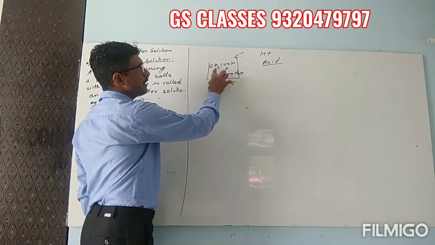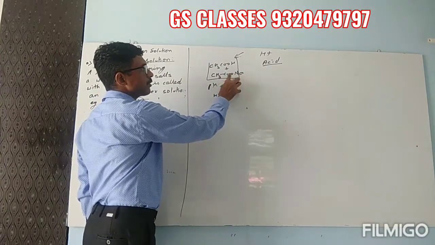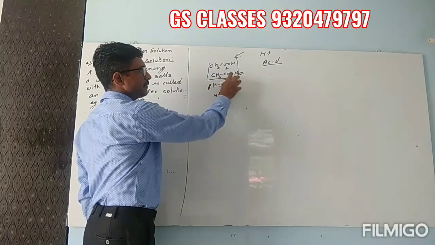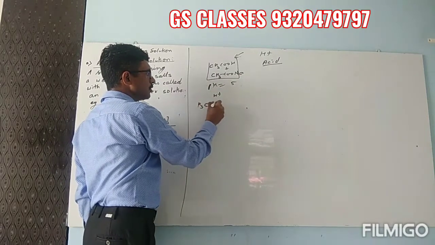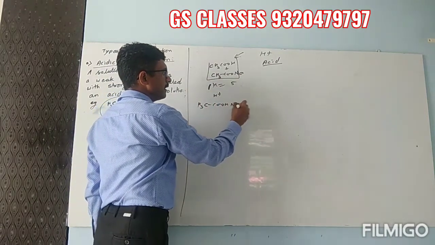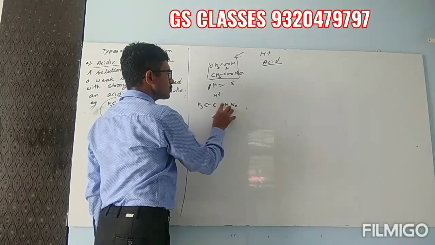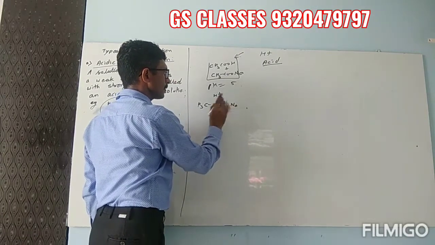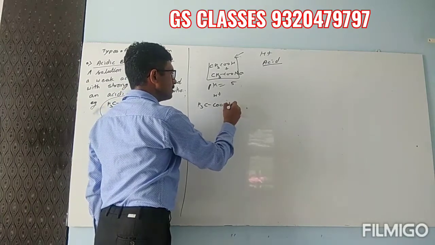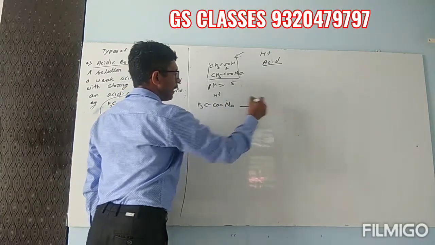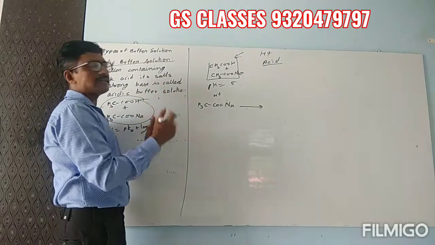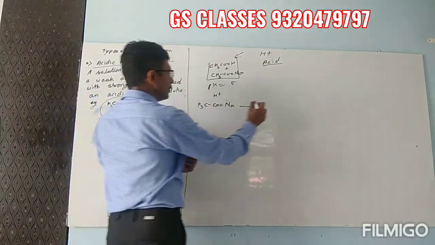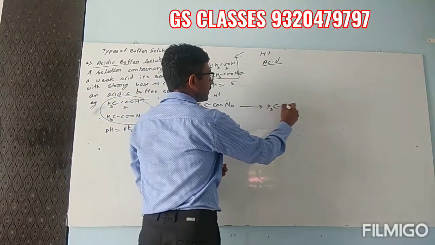Here in the solution we have acetic acid and we have sodium salt of acetic acid. Now sodium salt of acetic acid is a salt, and every salt has the tendency to split 100%.